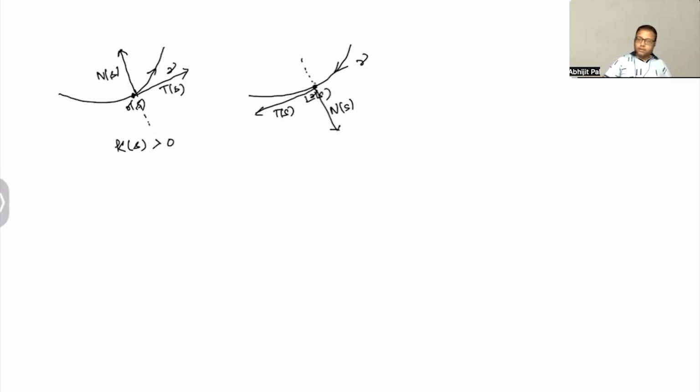Here you can see this curve is again bending away from the normal, so the curvature here will be negative.